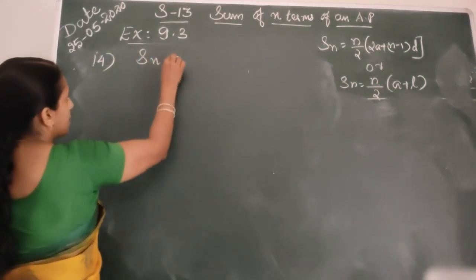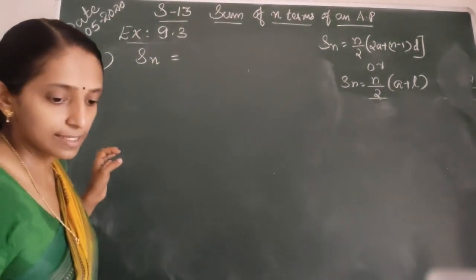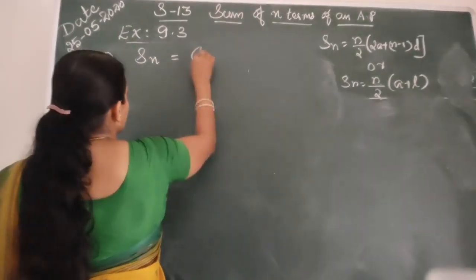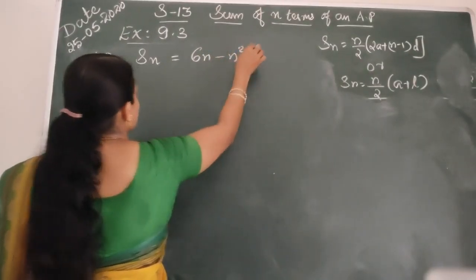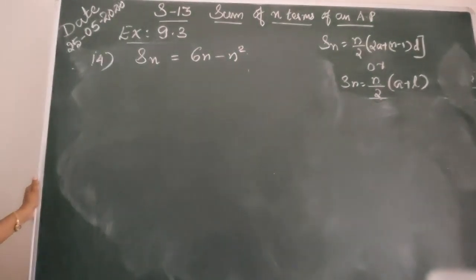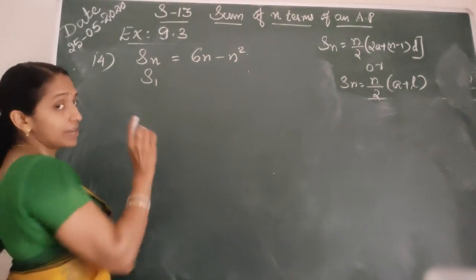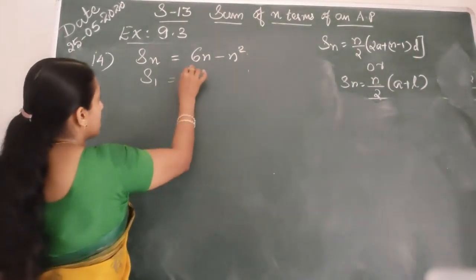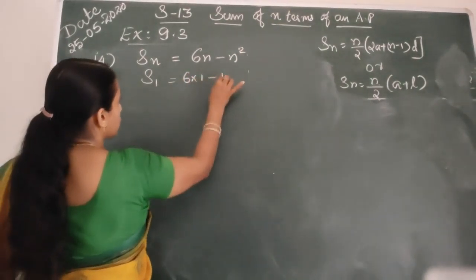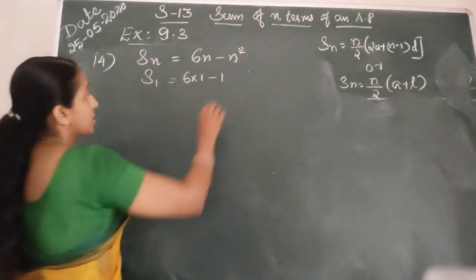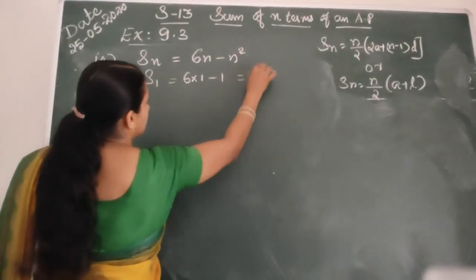Sn is given as 6n minus n square. If you are substituting n as 1, you will get S1 as 6 into 1 minus 1 square, 1 square is 1. So you will get 5.